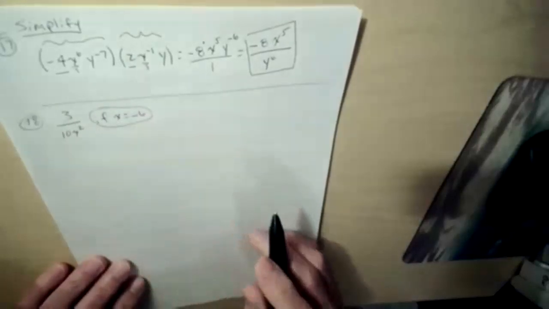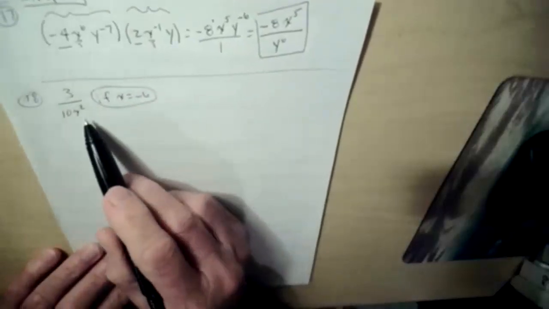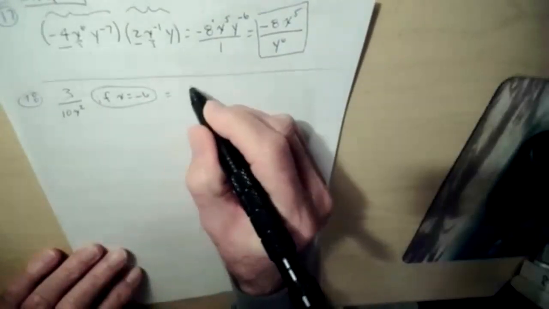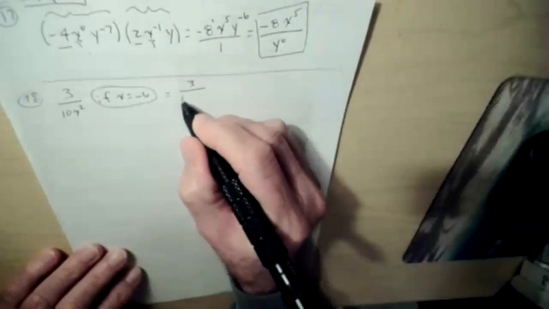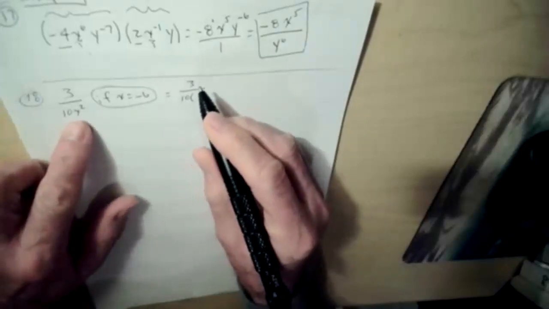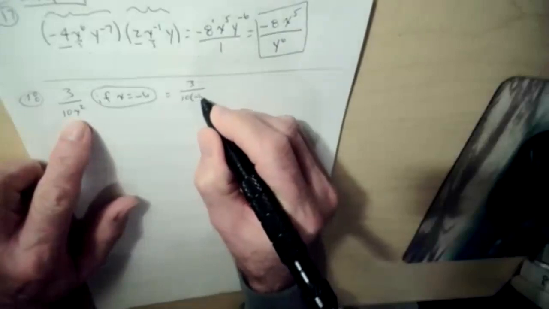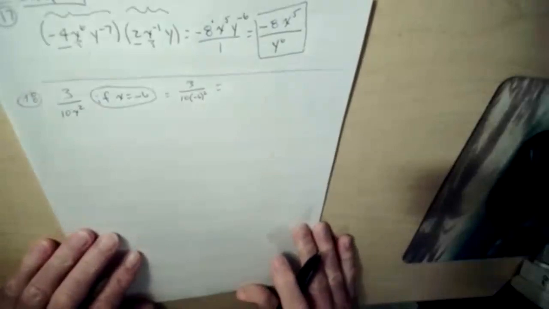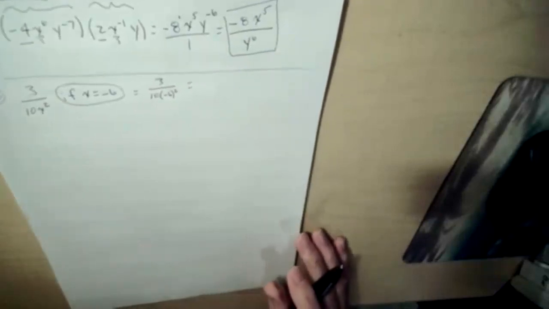Okay. Now, all we do is we put -6 in for x, and that's 3 over 10 times (-6) squared. Now, this is nothing more than order of operations. Very, very simple.